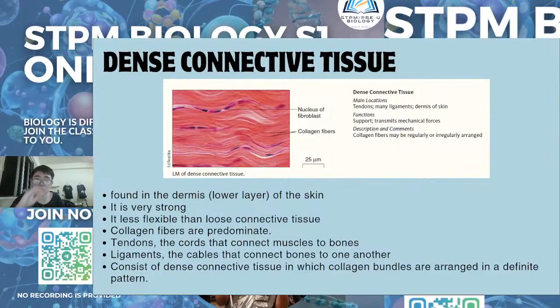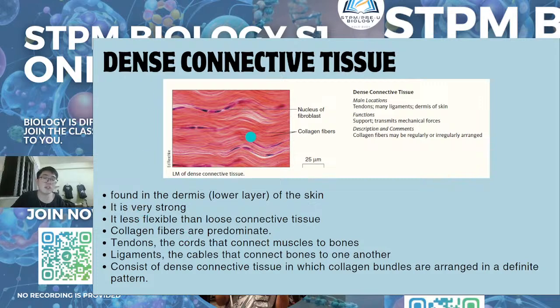Okay, next we continue to dense connective tissue. So dense connective tissue, there are three main locations: tendon, ligament, and also our dermis of the skin. Right, dermis of the skin, tendon, and ligament. So you can find it in the dermis, the lower layer of the skin.